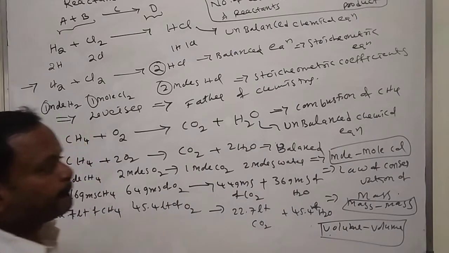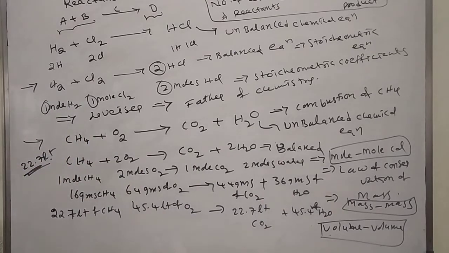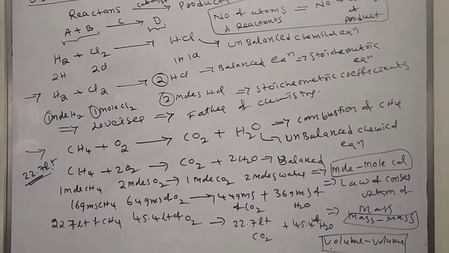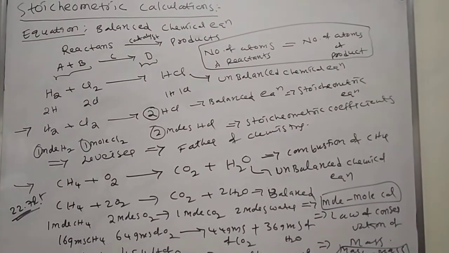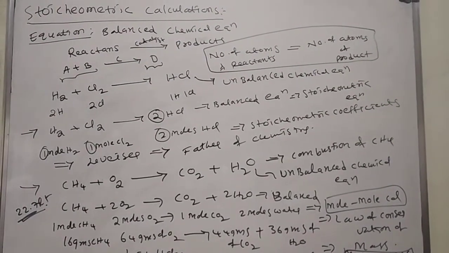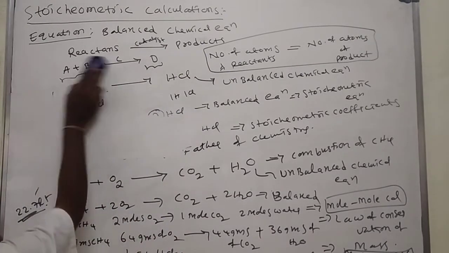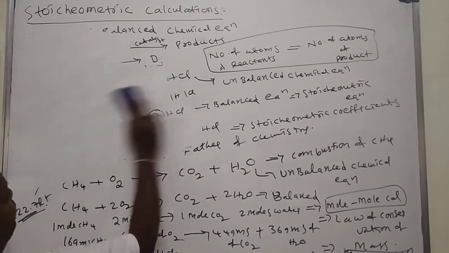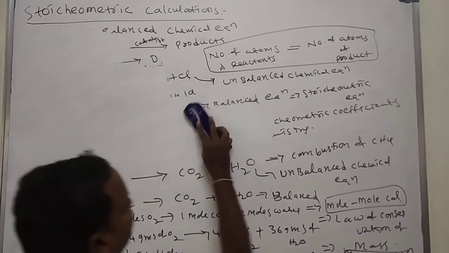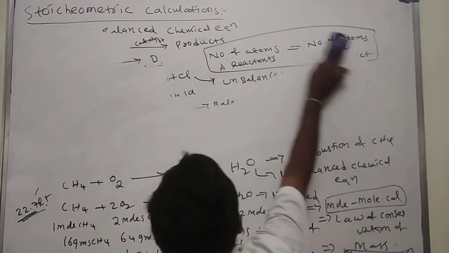Here we have three types of calculations. One is mass calculation, second is mole calculation, third is volume calculation. We'll see how to calculate those. We'll see some equations, some relations, and some problems on this.